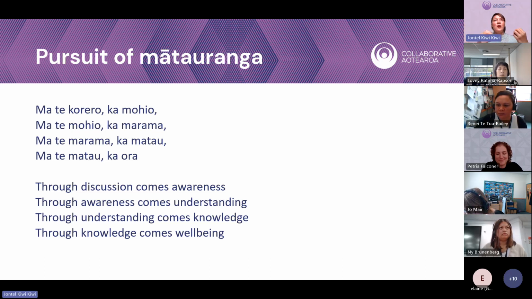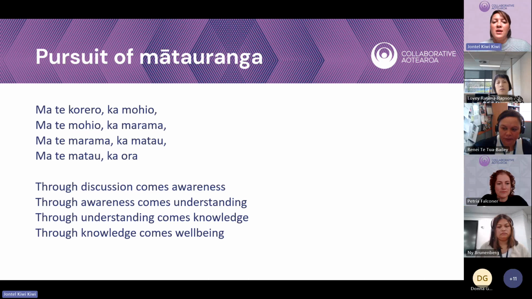And it's through that process of us sharing on this planet that we start compounding those elements of knowledge and understanding. But it's not until we truly embody and experience and live it that we really fully know through our whole body and our whole being what something means. And that is, to me, the pursuit of mātauranga.